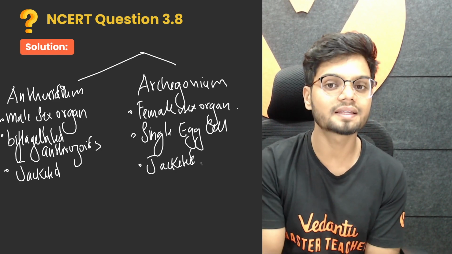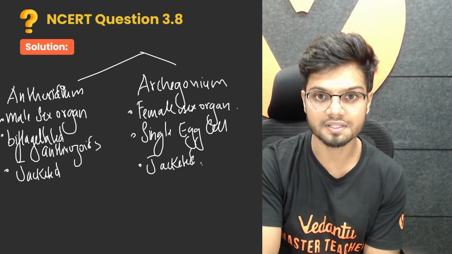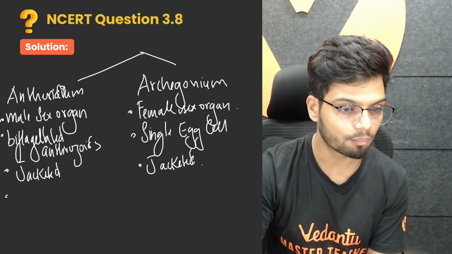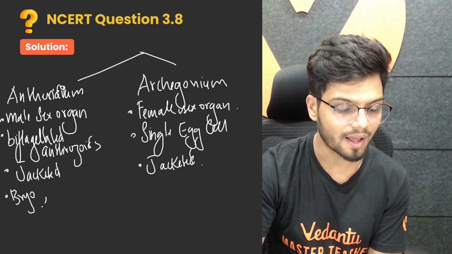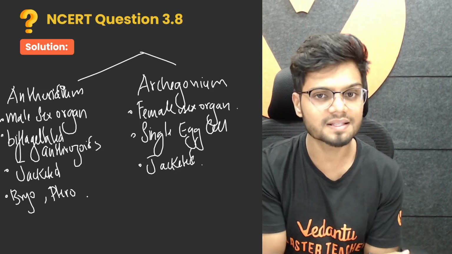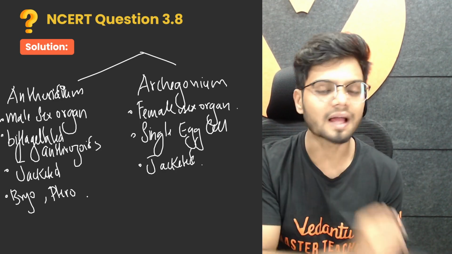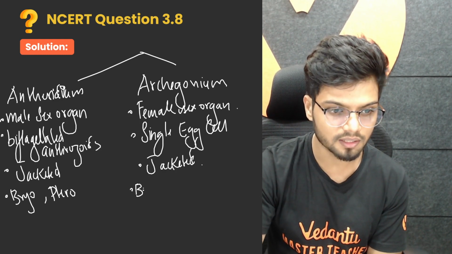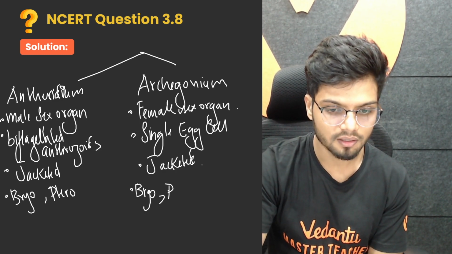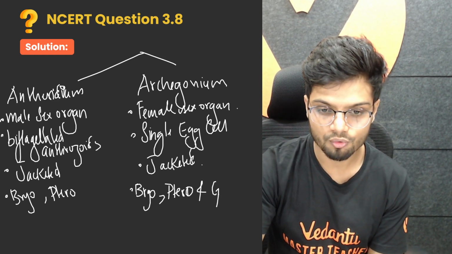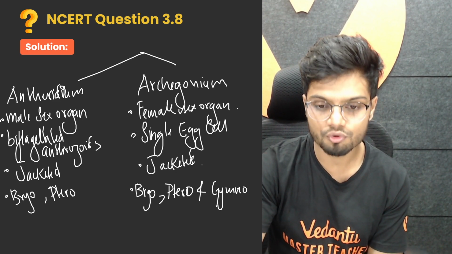Now this jacket can be seen in the higher forms, that is pteridophytes and all. But where do you find them? Your antheridium can be seen in bryophytes as well as pteridophytes. What about archegonium? Archegonium is seen in bryophytes, pteridophytes, and also gymnosperms.